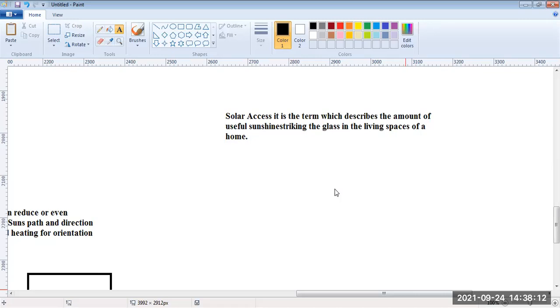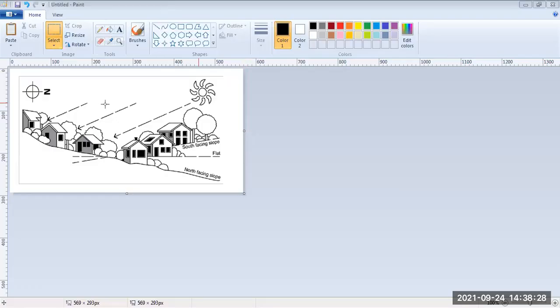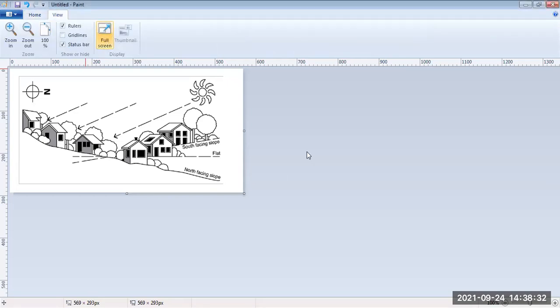Let me show you. This is the south facing slope. Again, this is for the southern hemisphere.